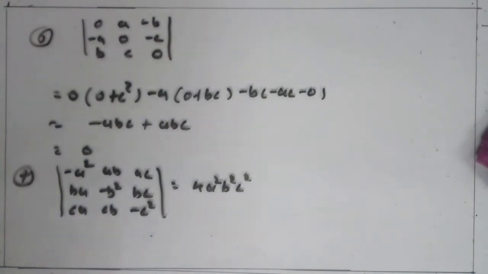Think how to solve this question. Here we want to get the value of the determinant equal to 4 x square, b square, c square.